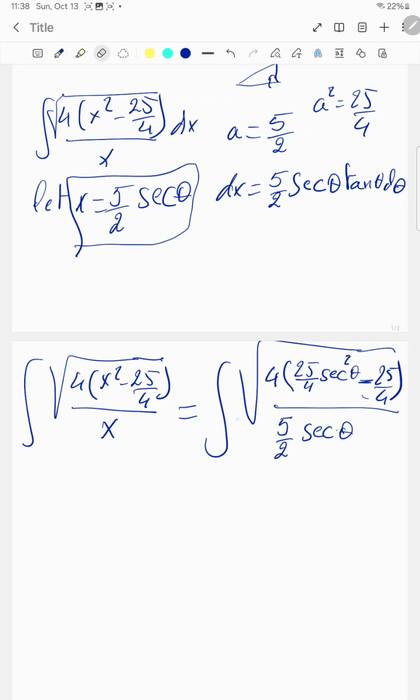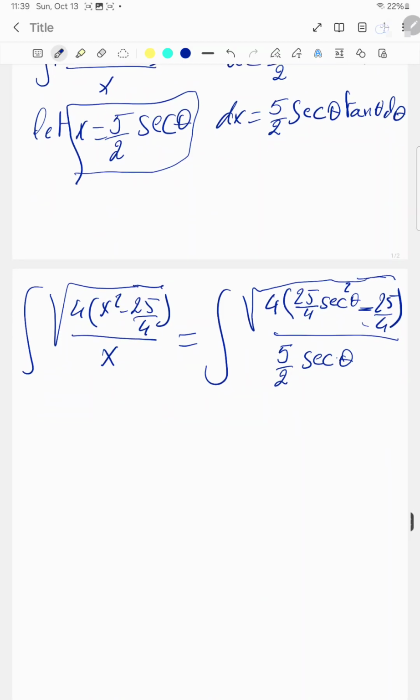Let's fix the square root here, because the denominator was not under the square root. And I still have to write the d theta.